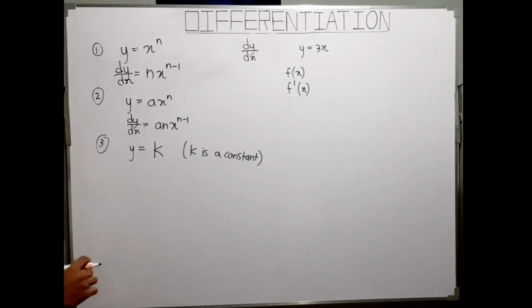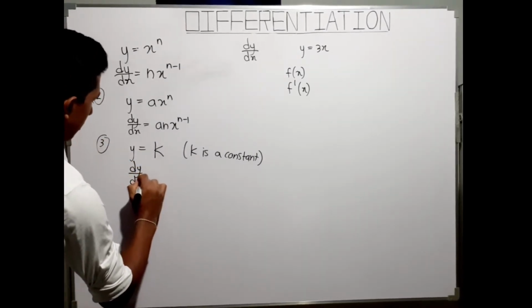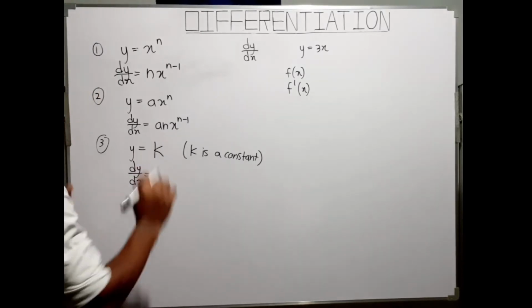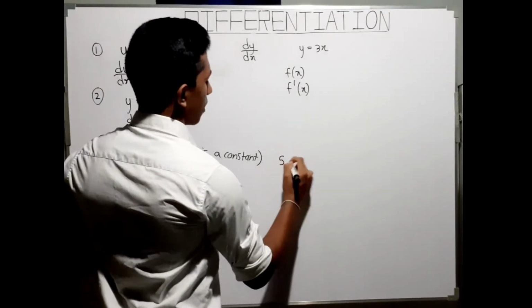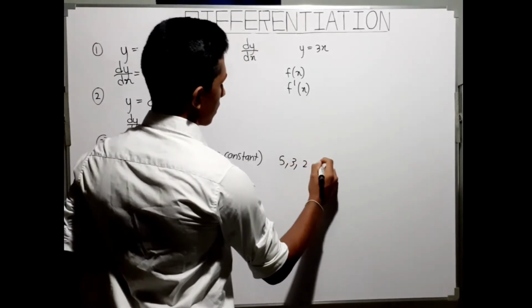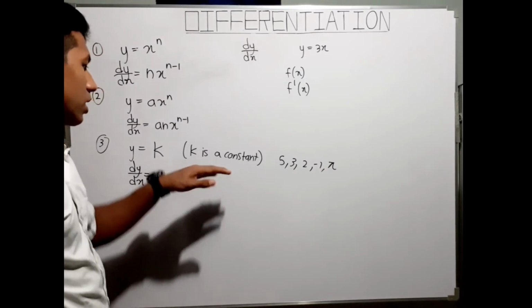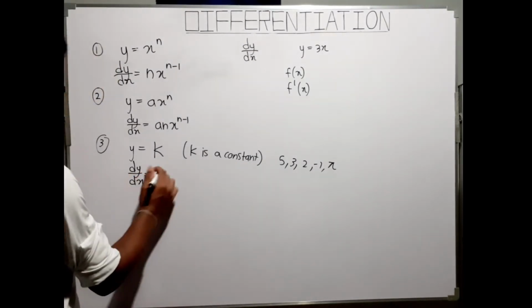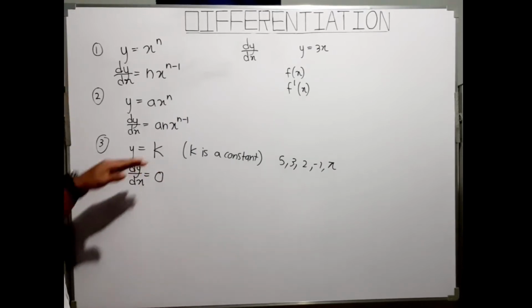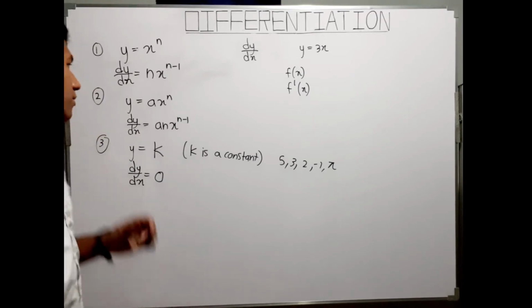When y is equal to k, k could be a number such as 5, 3, 2, or minus 1, any constant which is not a variable. So dy by dx is equal to 0, since there are no x terms involved here. These three rules are general rules which you have to keep in mind.